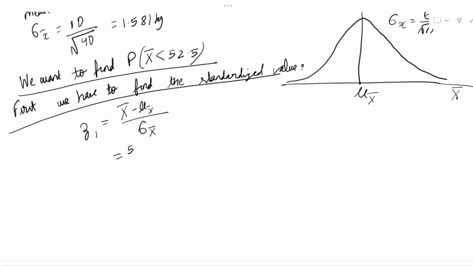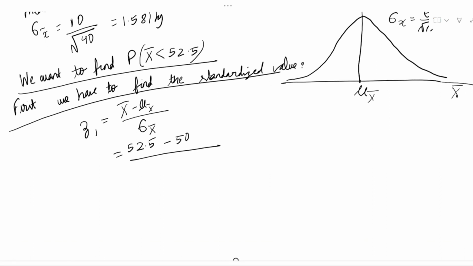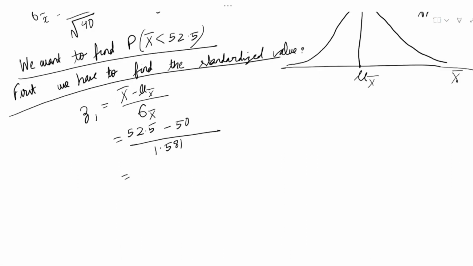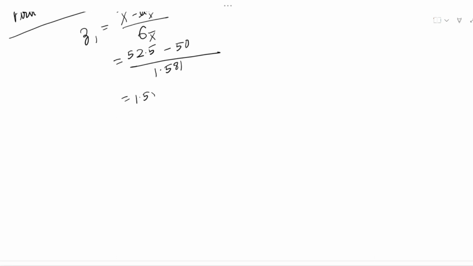This is 52.5 minus 50 divided by the standard deviation sigma x bar, which will come to 1.58.